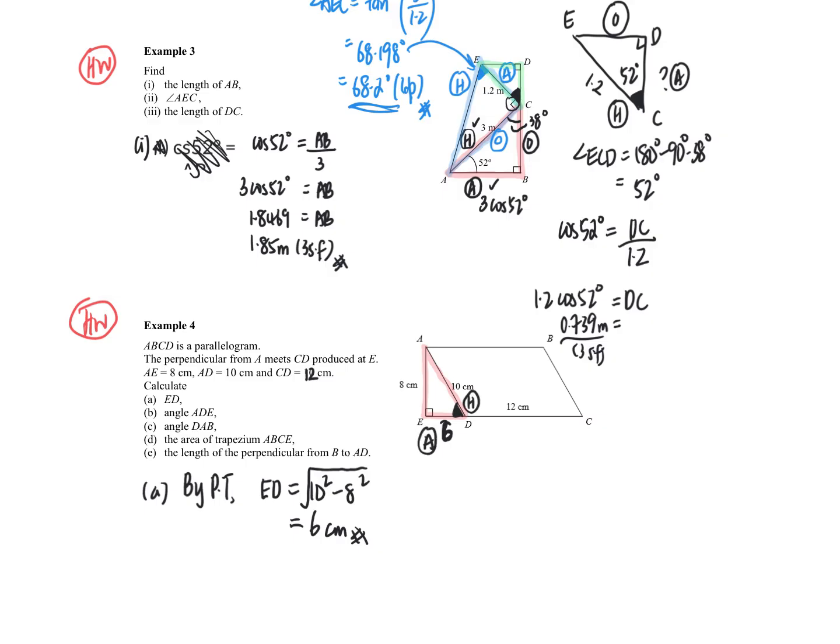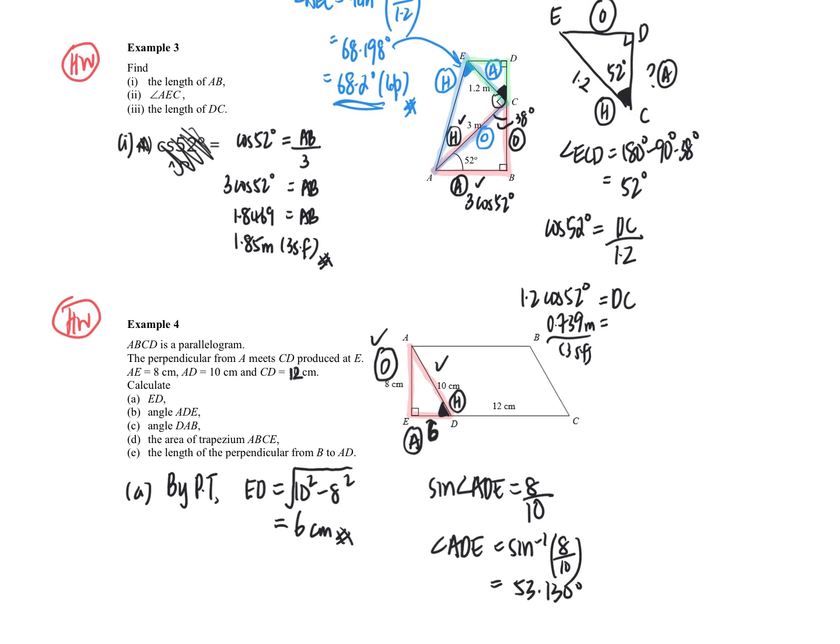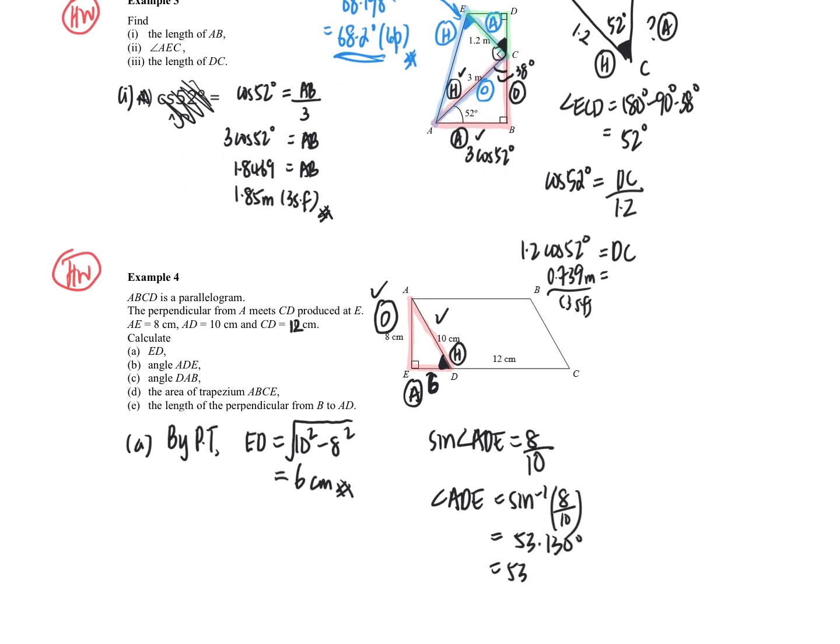So this is your H, A, and O. We will use O and H. So sine of the angle ADE is O over H. So ADE is sine inverse. What's the angle? So let's call it 53.1, 1 dp.